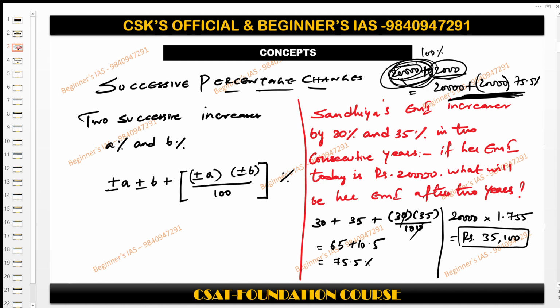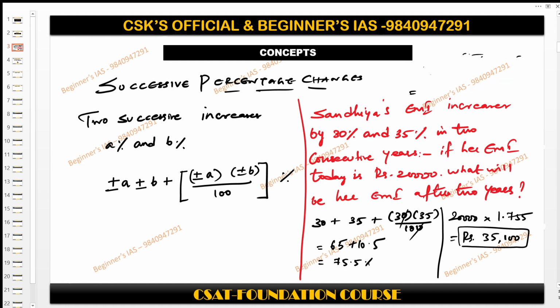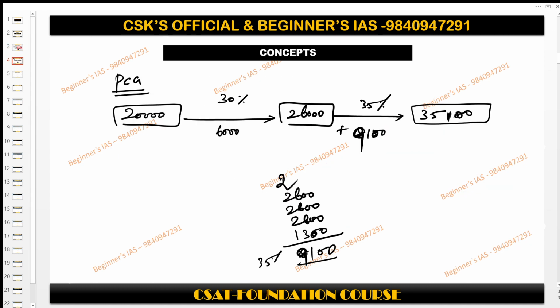So this much of increase in your salary, 75.5. So overall is 175.5. Percentage means you have to divide it by 100, so that it will become 1.755. So clear? If you have any doubts, you can ask. So therefore you can clear the basics here itself.